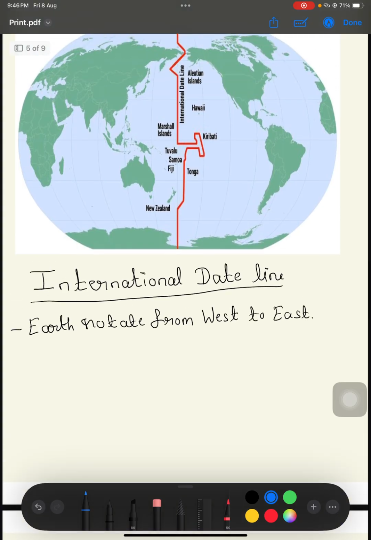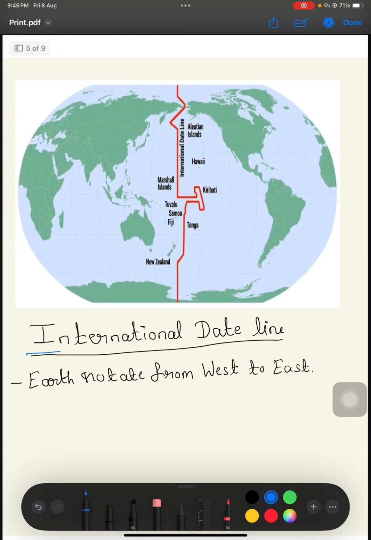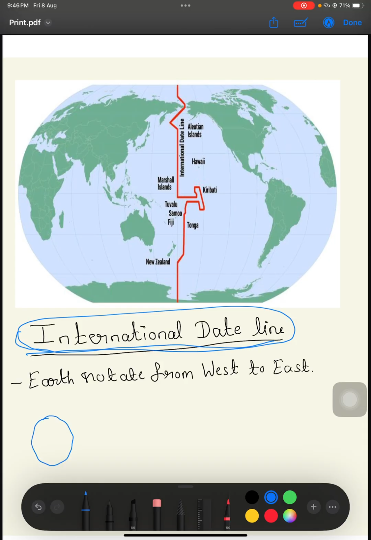The next very important topic is the international dateline. As I already told you about the lines on earth, we have these vertical lines. These lines are called what?